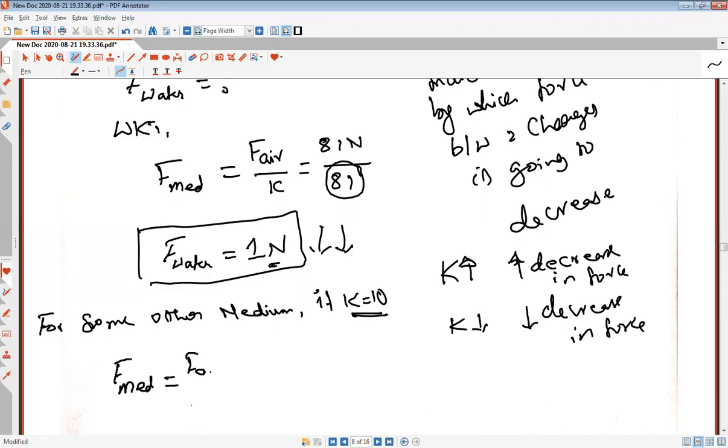Force in medium is force in air divided by k. So that will be 81 Newton divided by k, which is 10. So this will be 8.1 Newton. Now the force in medium is 8.1 Newton. When dielectric constant decreased from 81 to 10, force changed from 1 Newton to 8.1 Newton.